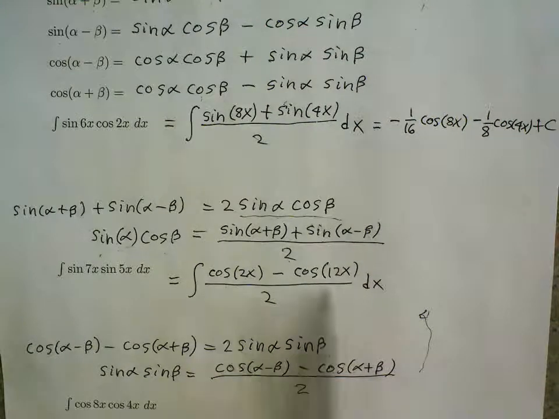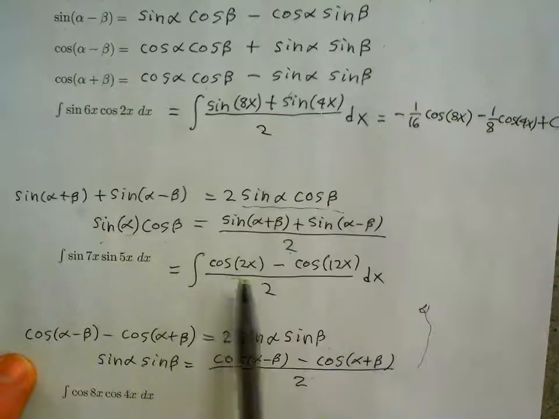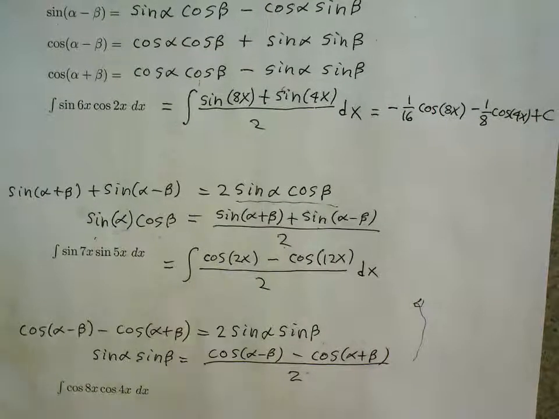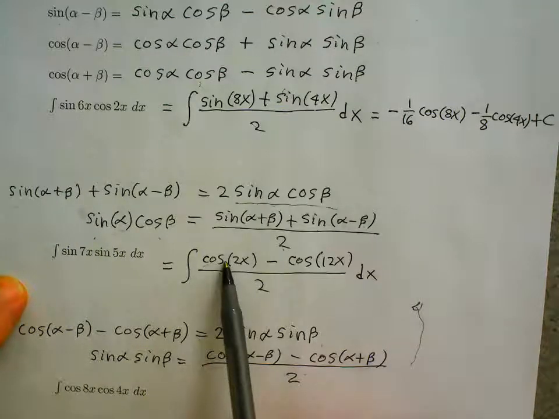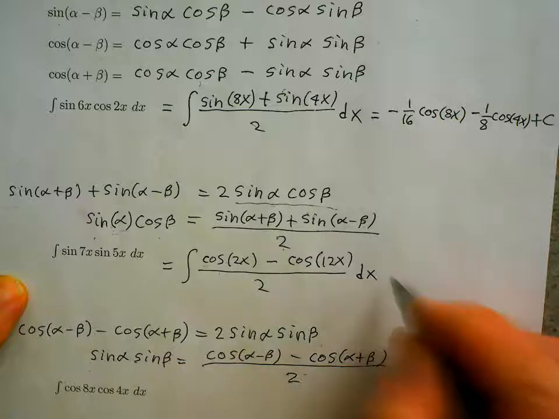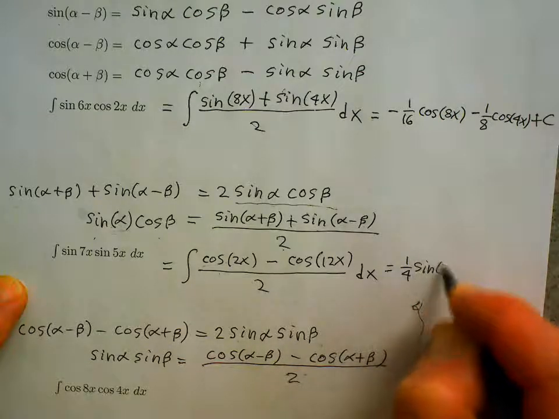And this indefinite integral is pretty easy to evaluate. An antiderivative of cosine of 2x is 1/2 sine of 2x, right? And 1/2 sine of 2x times 1/2 is 1/4 sine of 2x.